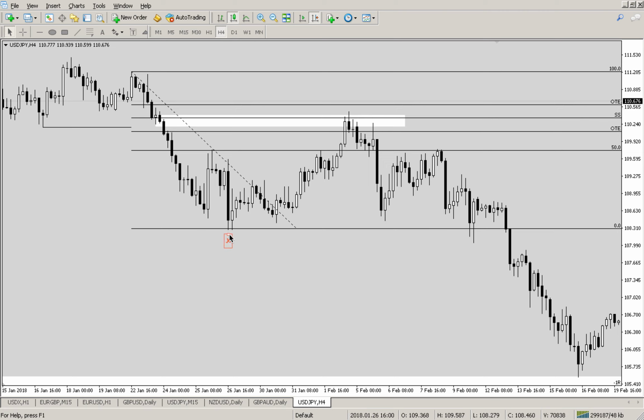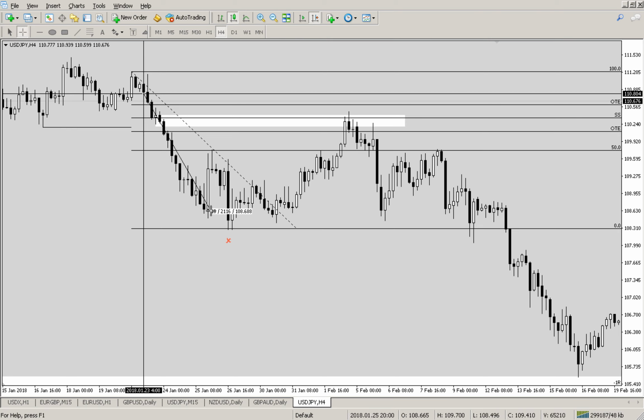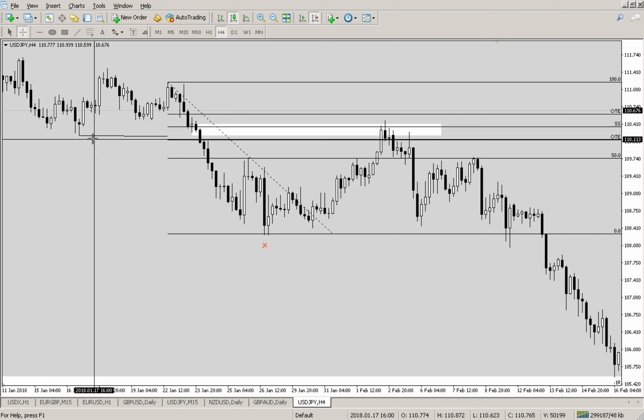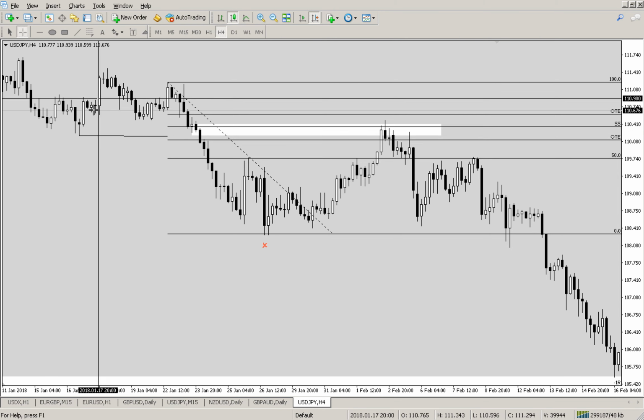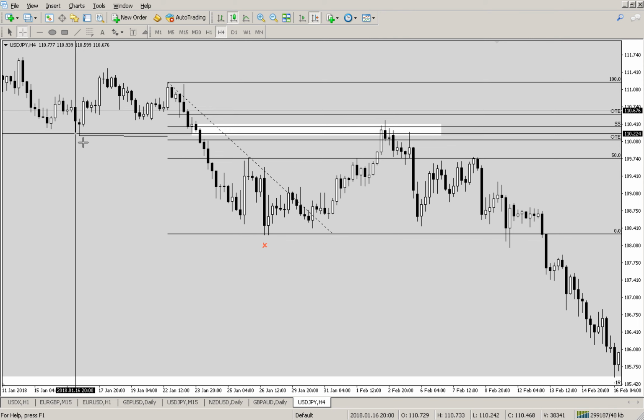Alright guys, so this is how I trade this setup. What I look for is a market structure break to indicate that price wants to go lower. A market structure break is more or less just a break of a structure low or a structure high, and in this situation, guys, it's breaking that structure low.